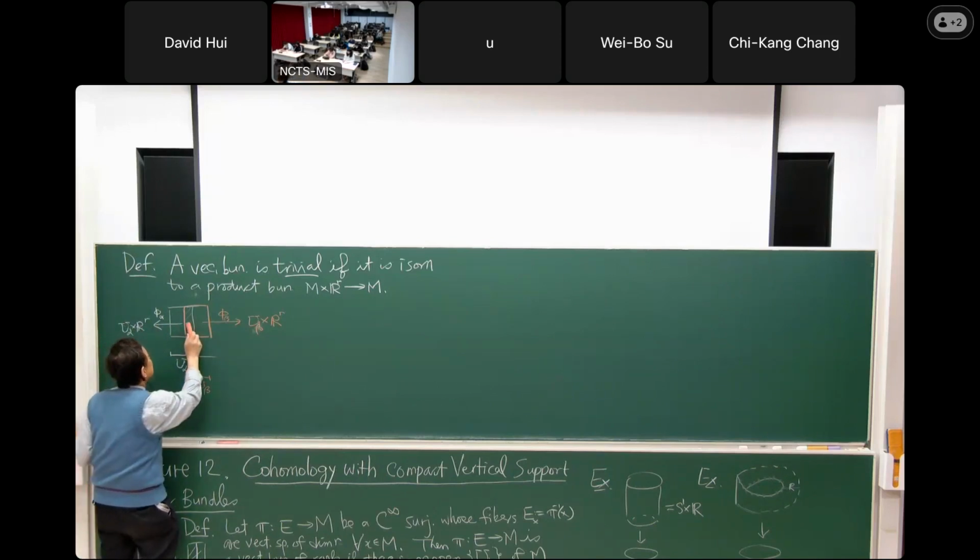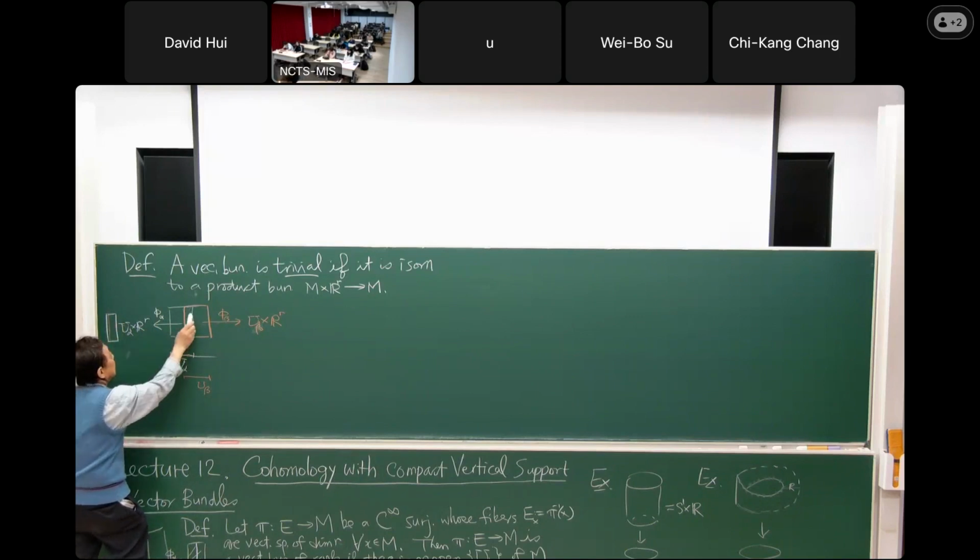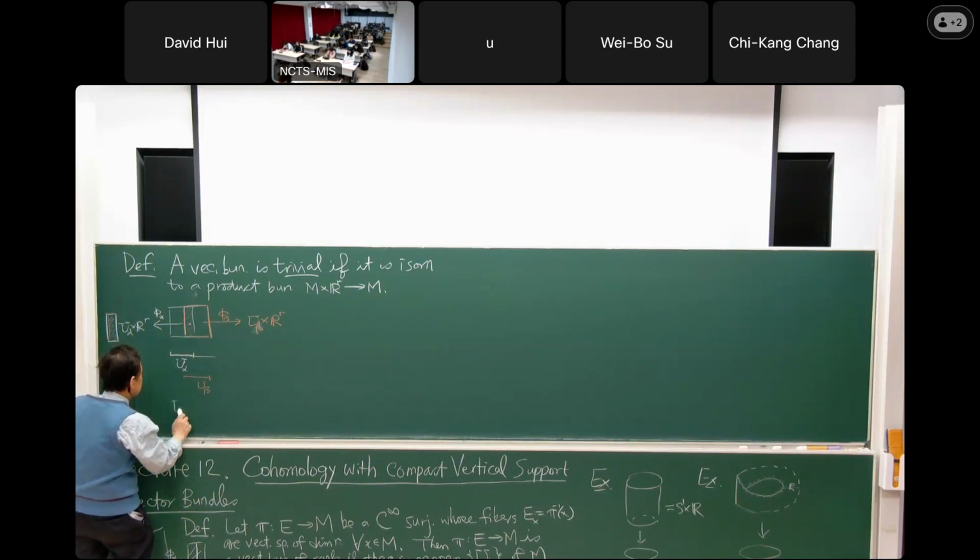And if you are in the intersection, the intersection here is diffeomorphic to a product here. And so let's call the intersection U alpha beta.